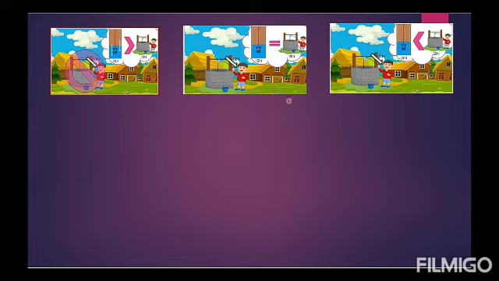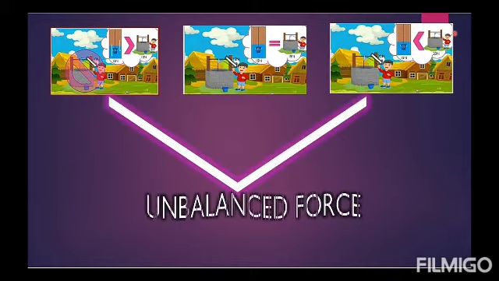We saw three cases. In the first case, the bucket moved in the downward direction. In the second case, it stops. In the third case, the bucket comes up. The first case and third case are called unbalanced force. In unbalanced force, the resultant force is not zero and it causes the motion of the body.